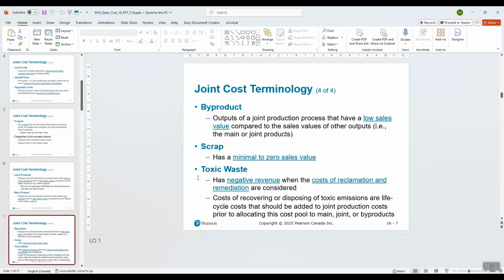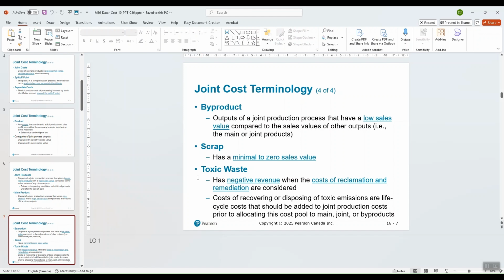Last but not the least, the toxic waste. That's an important piece because there are certain industries that produce certain products, and then end up producing some toxic waste as well.